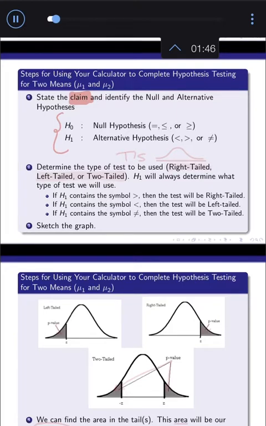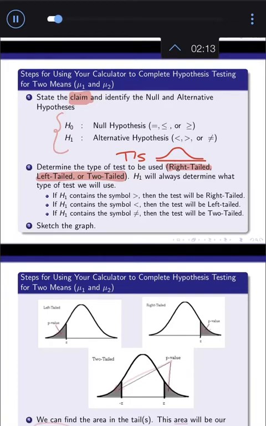Then we'll have to determine, do I have a left-tailed, right-tailed, or two-tailed? Remember, we're using T's for this, and so we can still use the normal distribution graph. And again, we'll have either a right-tailed, left-tailed, or two-tailed. We can sketch our graph.